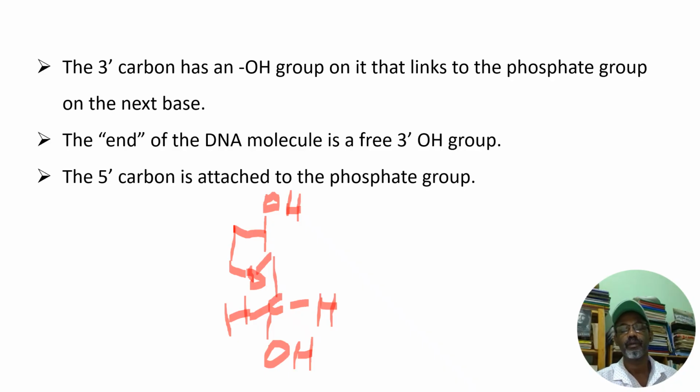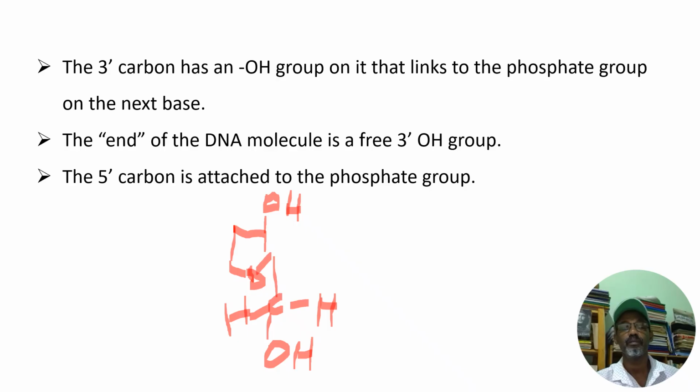You see, we are talking about this orientation of the sugar. Therefore, the 3' carbon has an OH group on it that links to the phosphate group on the next nucleotide.